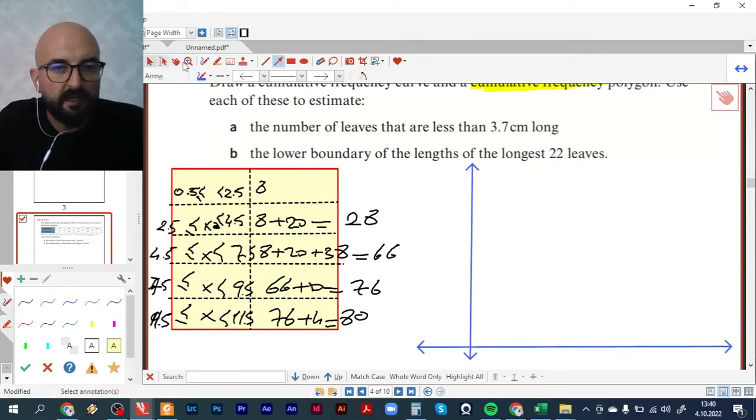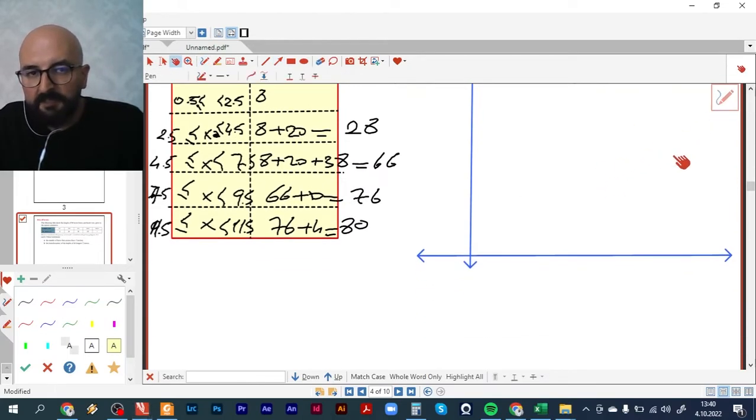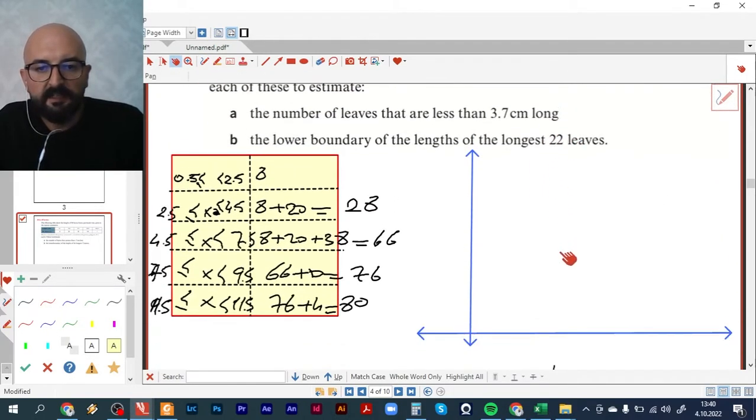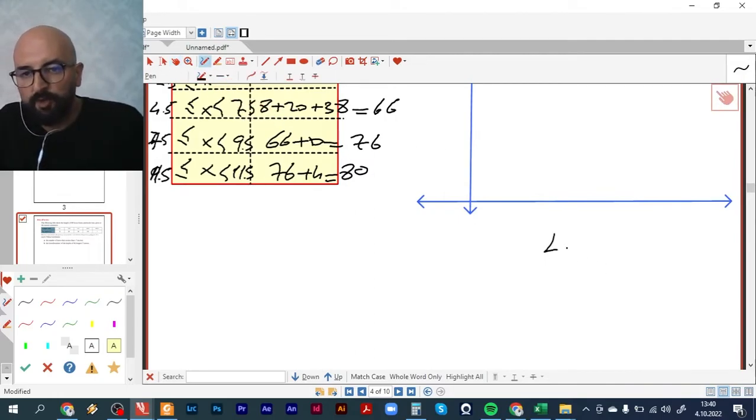Okay, now we will draw the cumulative frequency graph. The x value is labeled length, and the y value is labeled cumulative frequency.